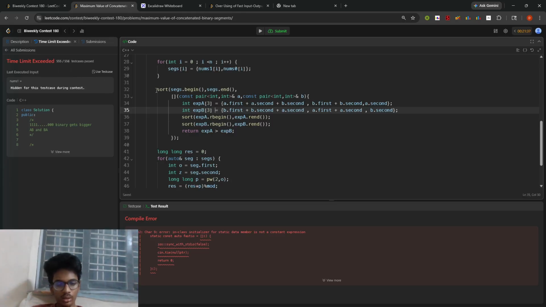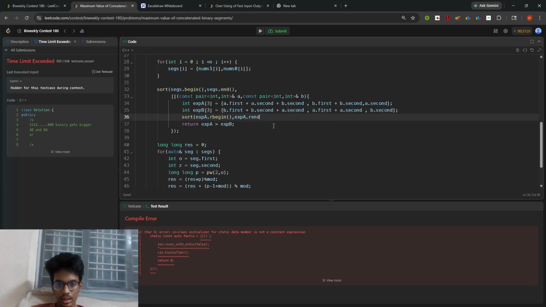It requires some micro optimizations. I can't really figure out why it is not passing that one test case. Is it that bad? D dot second.